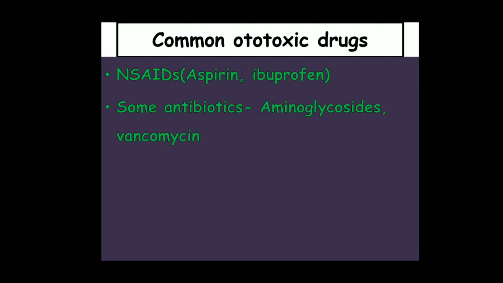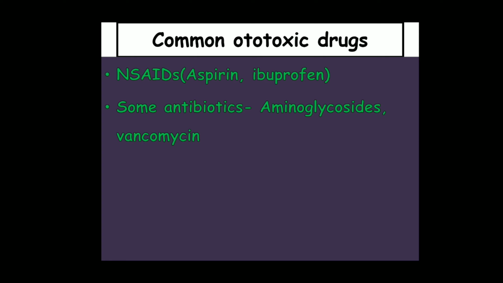Now I'll introduce you to some common ototoxic drugs. The list is not limited to this, but the most common drugs you should be familiar with are NSAIDs, especially aspirin, ibuprofen. Then some antibiotics like aminoglycosides, vancomycin. In aminoglycosides, you should remember the anti-TB drug, a most common question area, streptomycin injection.